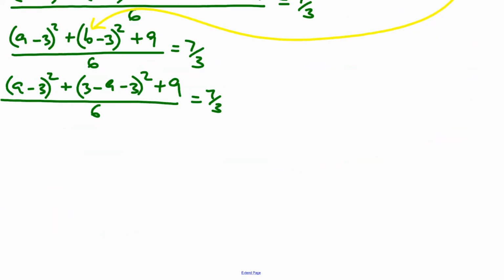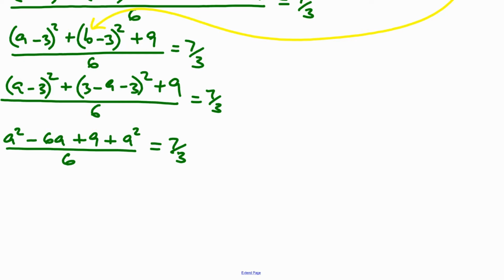So the next step here is basically simplifying this. We can just expand this. So A squared minus 6A plus 9 plus A squared over 6 should be equal to 7 over 3.